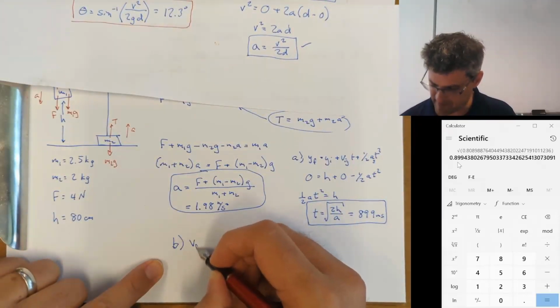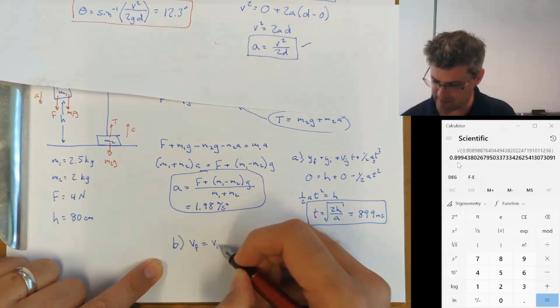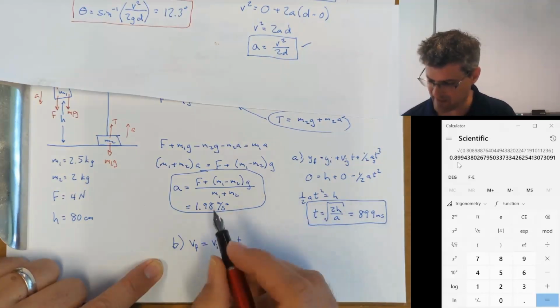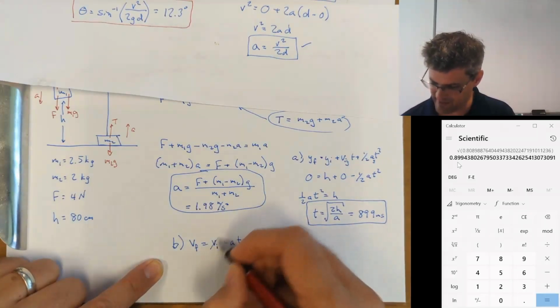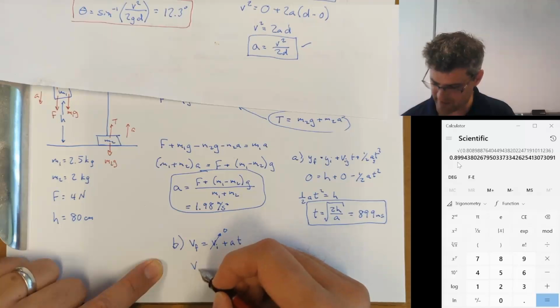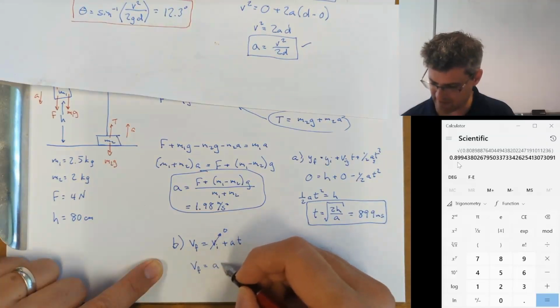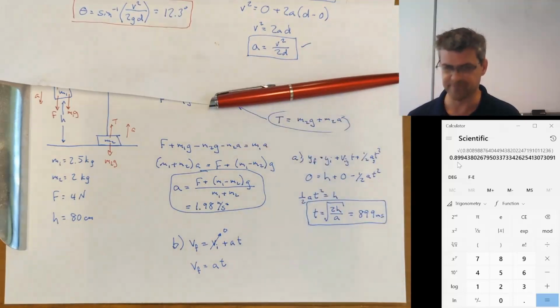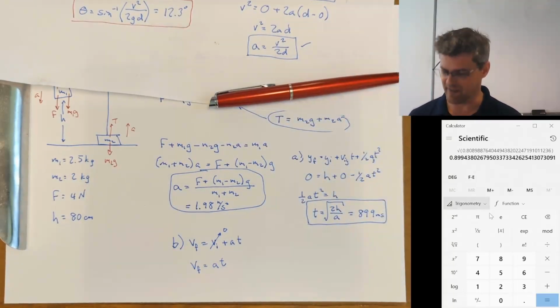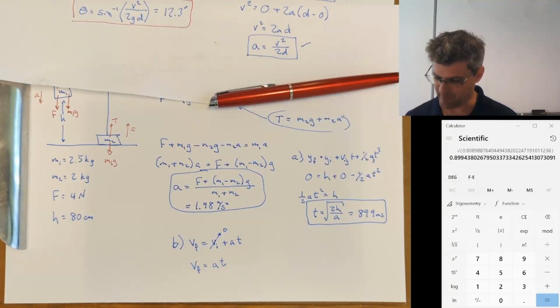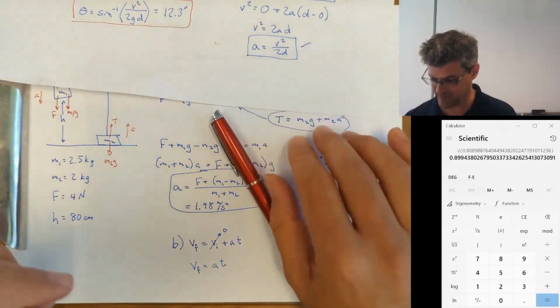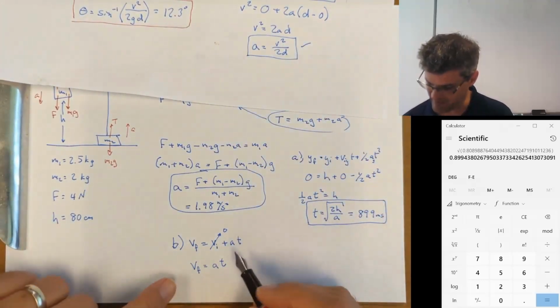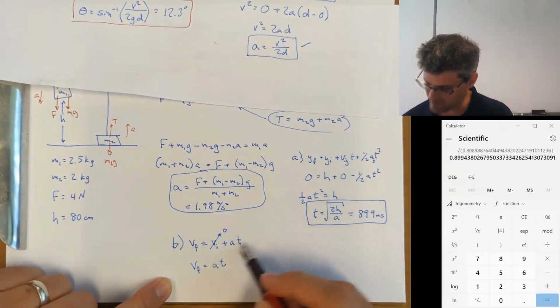Because v final is equal to v initial plus at, I know a, I know t, I know this is 0. That final velocity is a times t.